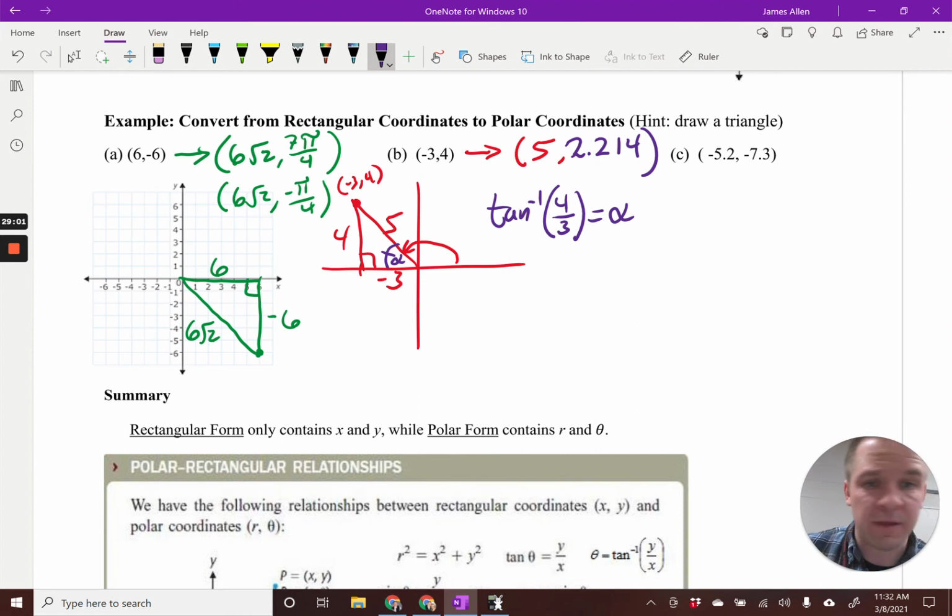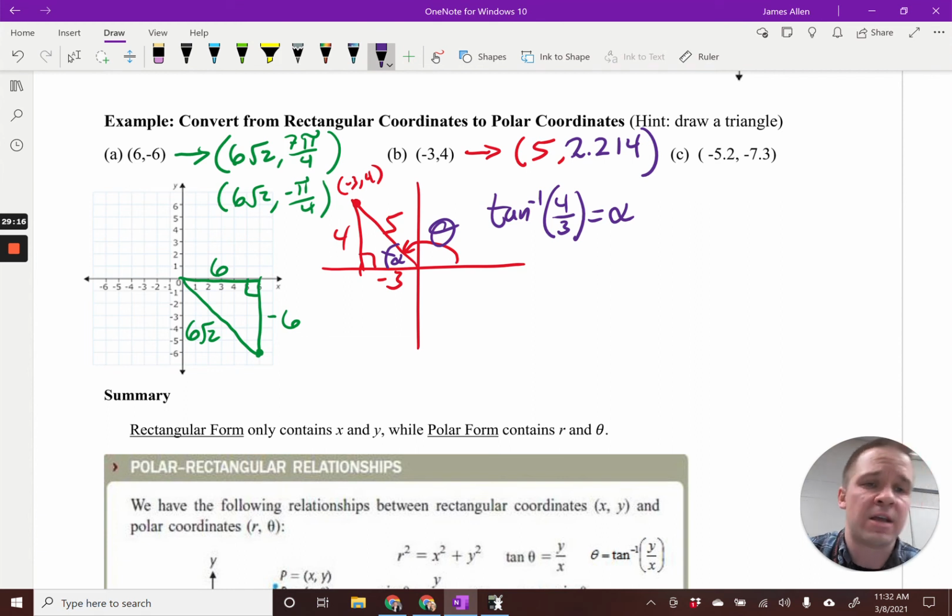Sorry for the change in color there, but I wanted to write it down before I forgot it. So again, we found our reference angle. We did pi minus that to get my angle of rotation, my theta, which is what I really wanted for this particular problem.